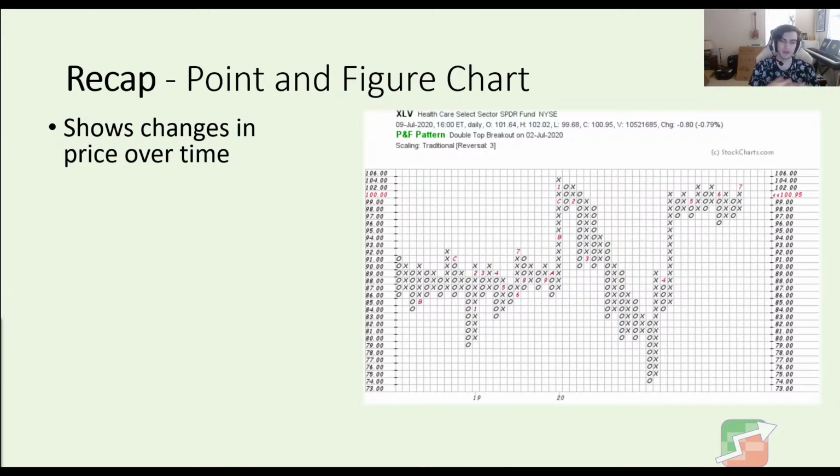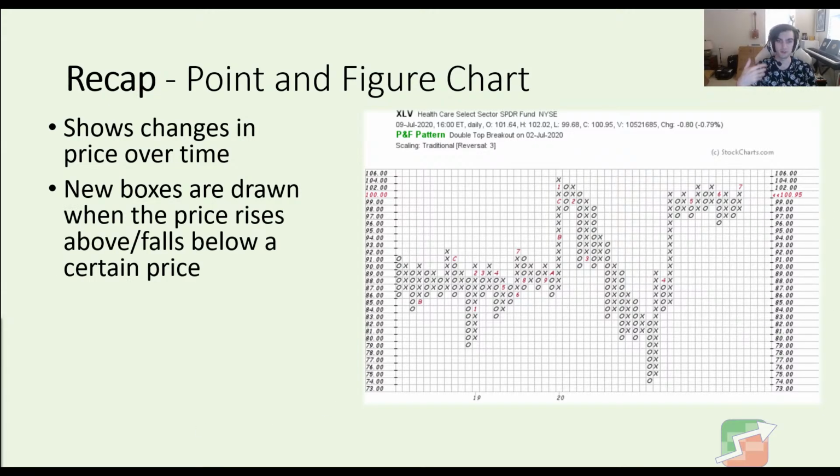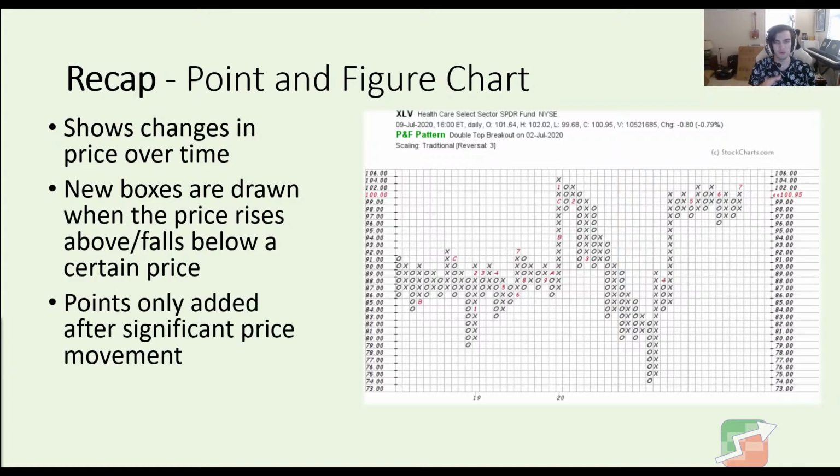Because of this, we only draw new boxes, or we only add new X's and O's when the price rises or falls below a certain price. What that means is that we only add pieces of information to this chart when there is enough price movement that it matters, when we need to add new points.